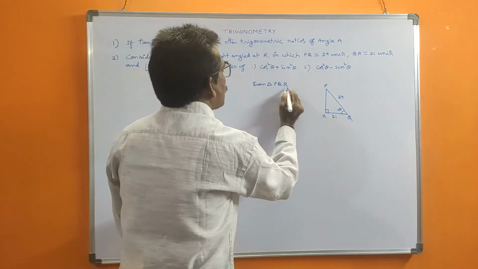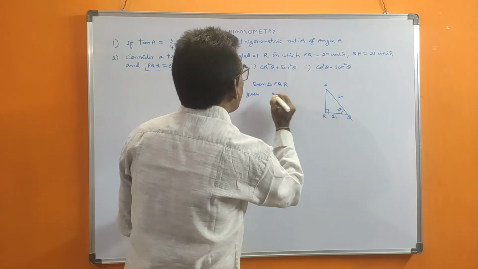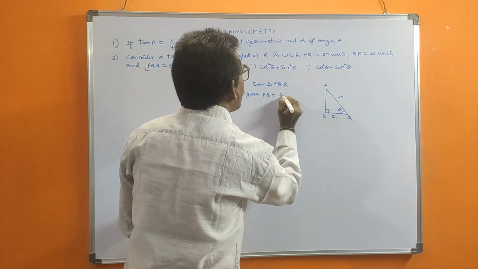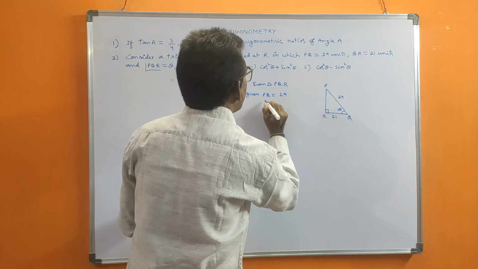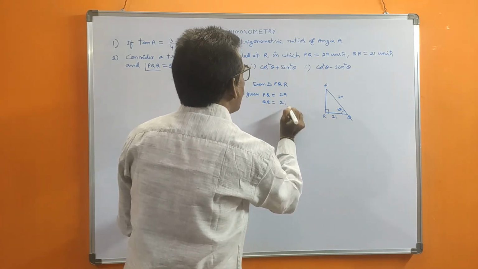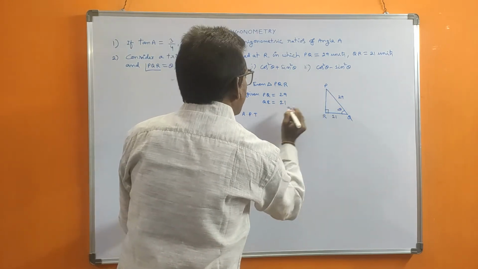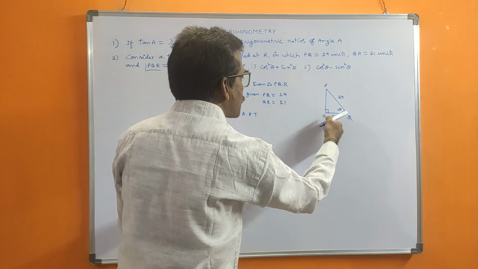First, from the triangle, given: PQ is equal to 29, QR is equal to 21. Now you write according to Pythagoras theorem.